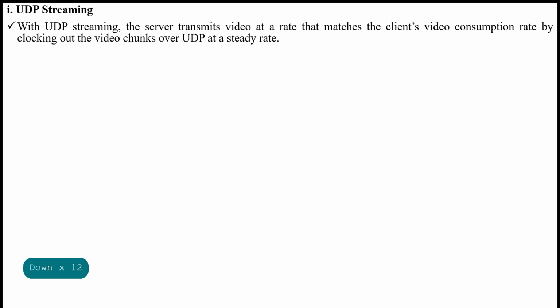First one, UDP streaming. With UDP streaming, the server transmits video at a rate that matches the client's video consumption rate by clocking out the video chunks over UDP at a steady rate.